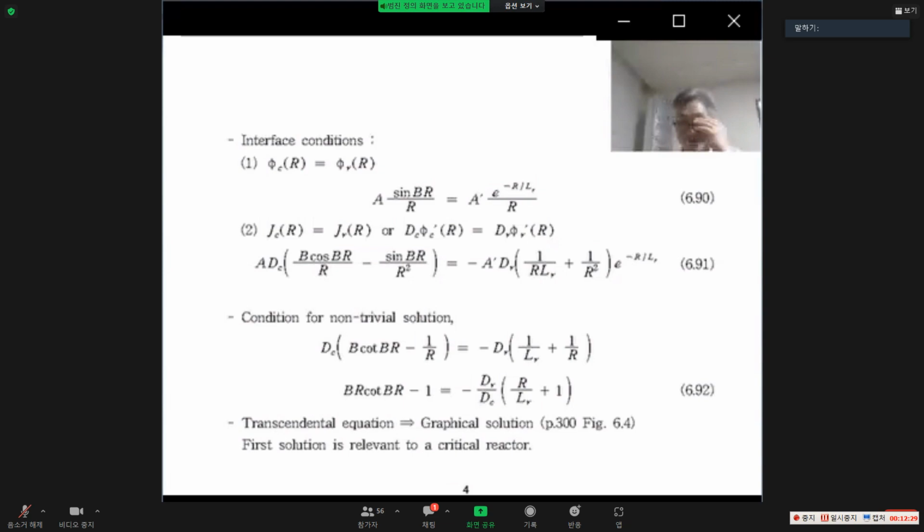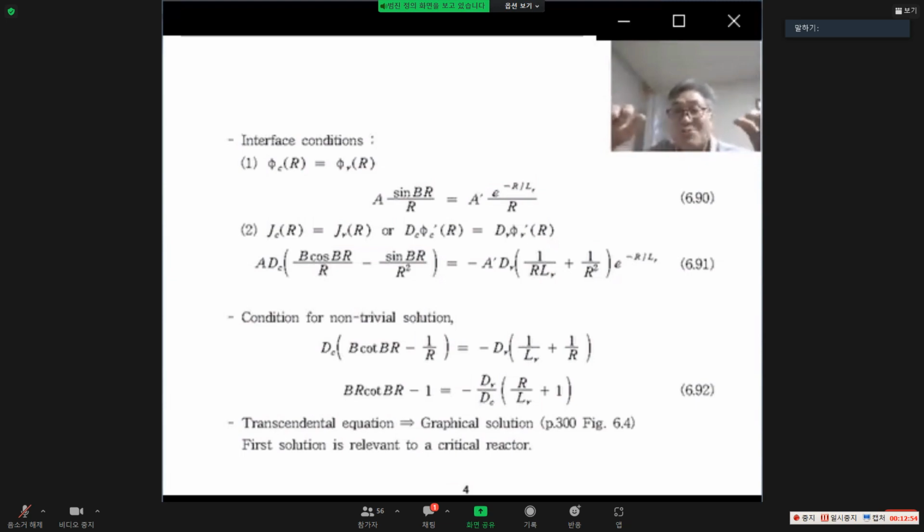Right. Did we experience this kind of thing previously? No, we didn't. Trigonometric and algebraic, so we cannot solve this equation analytically.